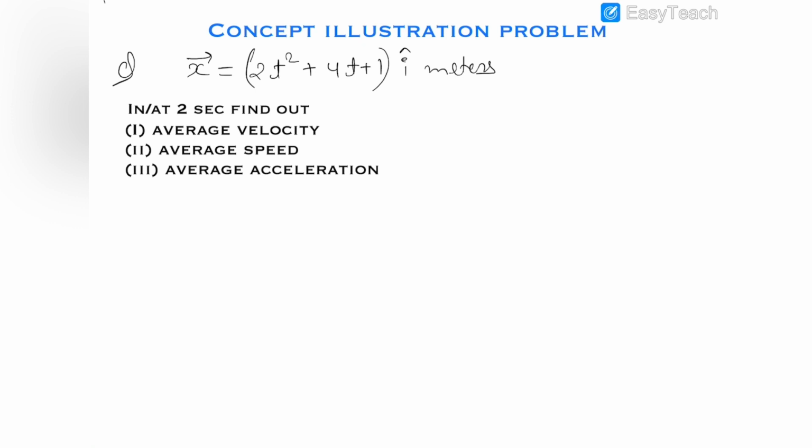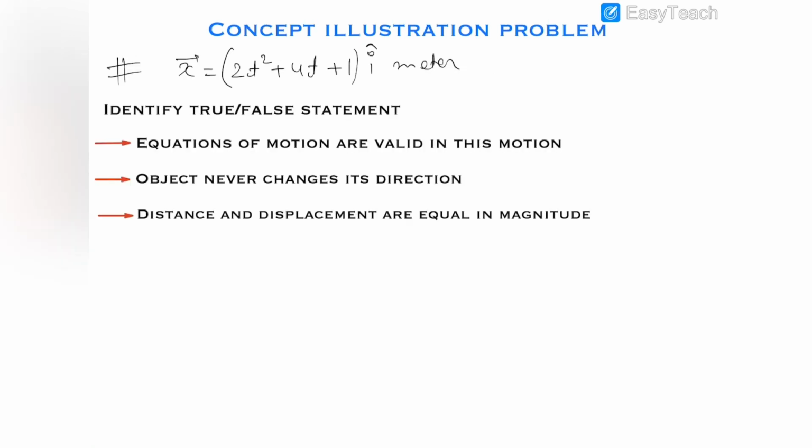Okay, so first of all, let us analyze this problem, and let us identify some statements as correct or incorrect. The first statement says that equations of motion are valid in this motion. You can see that the velocity will be dx by dt, and dx by dt is 4t plus 4.